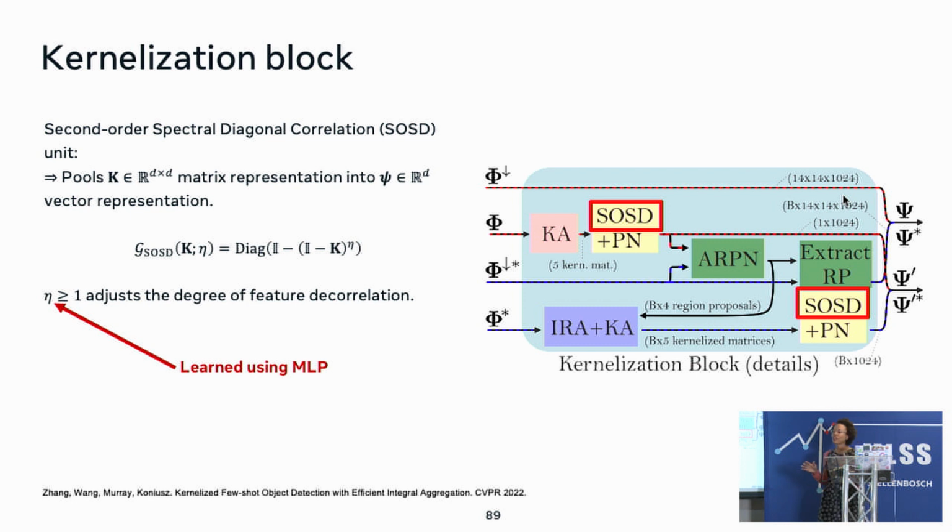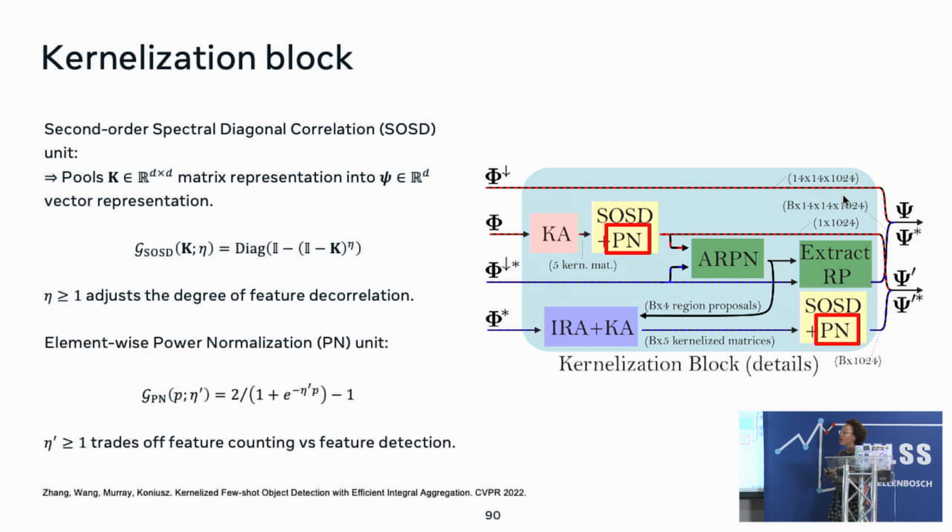And so we can control how much decorrelation we want to do, because decorrelation comes with the cost of losing information. So we have to find a sweet spot between having a reduced representation, like going from D by D back to D, but not losing too much information in that process. Because you're not going to get it for free. You are going to lose some information, so you have to control that parameter.